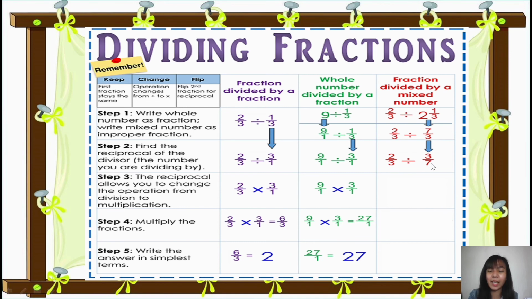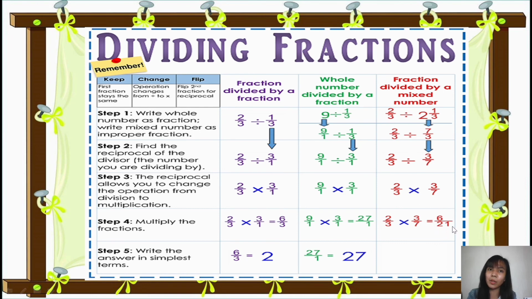Alright? Then proceed to multiplication after you get the reciprocal of the divisor. So 2 times 3 equals 6. 3 times 7 equals 21. So now, do we need to simplify this? Yes.